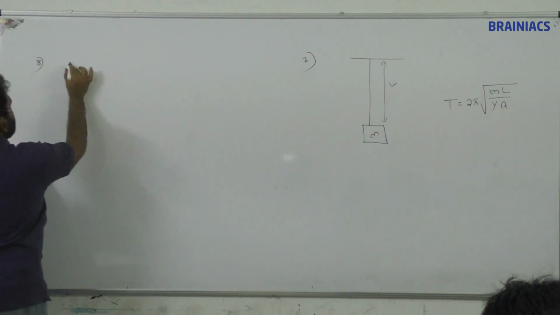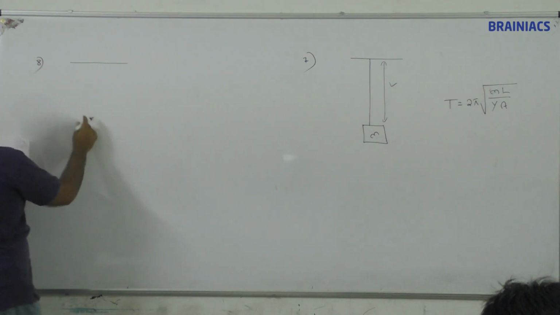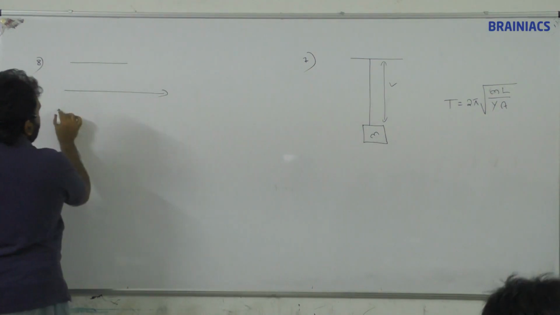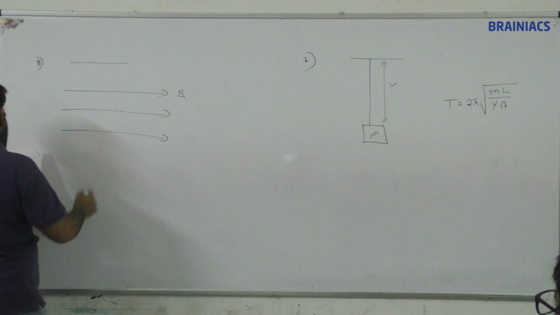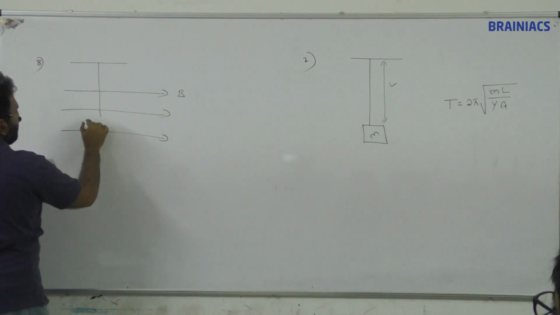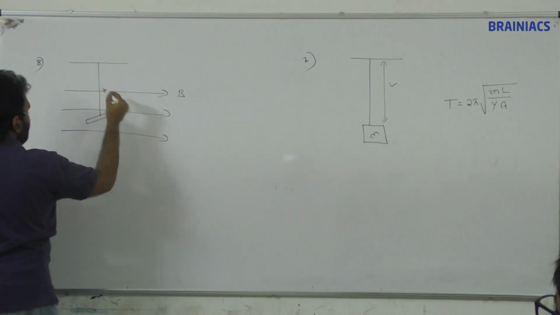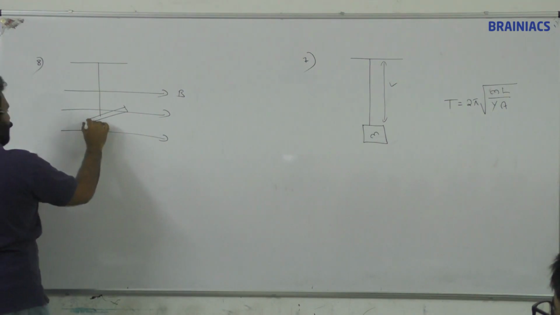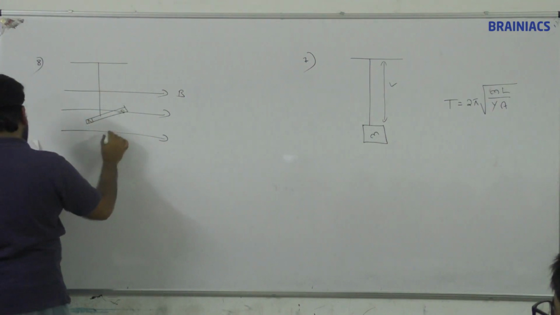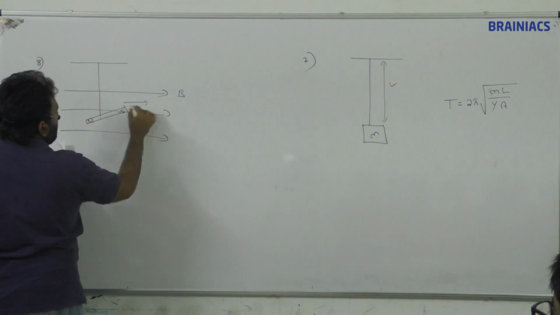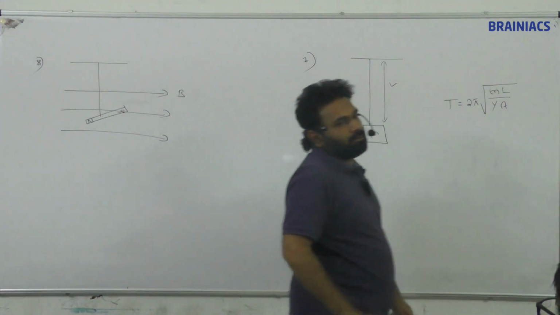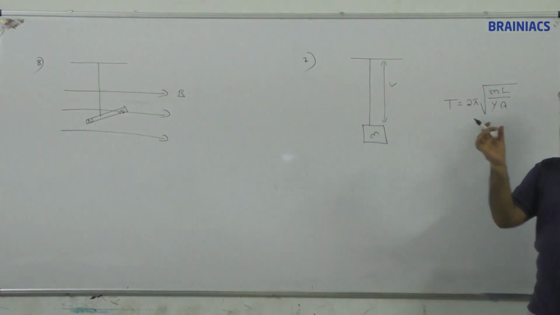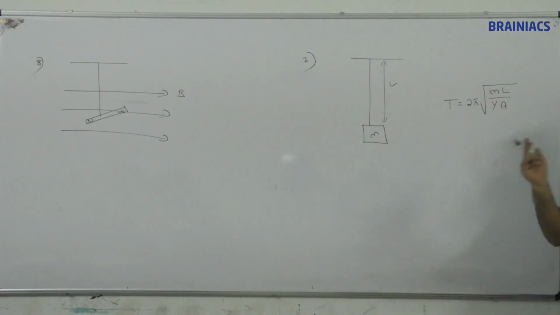Okay, next one. Suppose there is a magnetic field like this, and you are suspending a bar magnet, with north pole and south pole. Suppose we give a disturbance, it will do what?